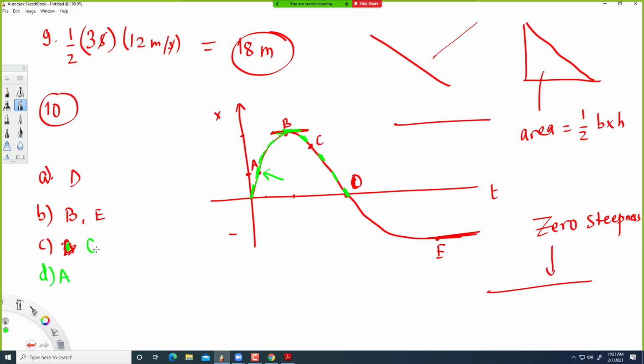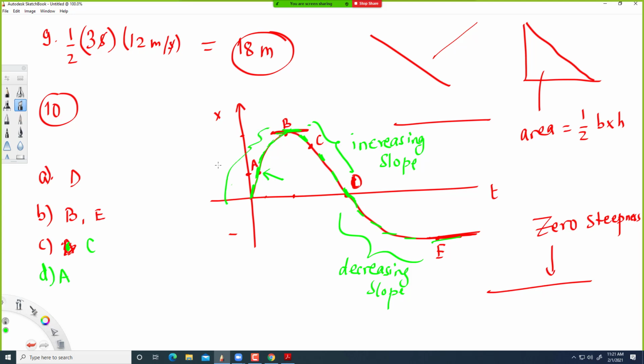So at D you will have maximum steepness, and then from D onward the steepness decreases. You look at this line here: the steepness is now decreasing, decreasing, decreasing, and then flat. So this is increasing slope, this part is decreasing slope, and this part is also decreasing.